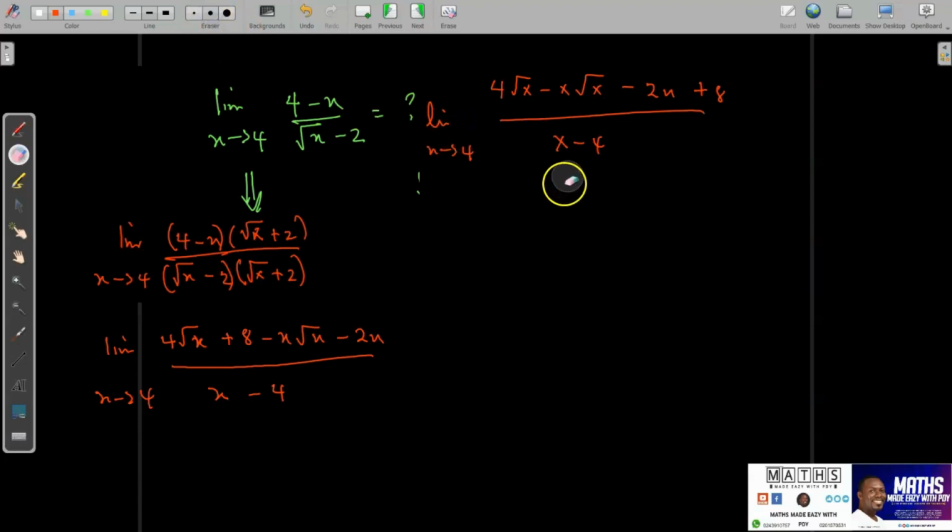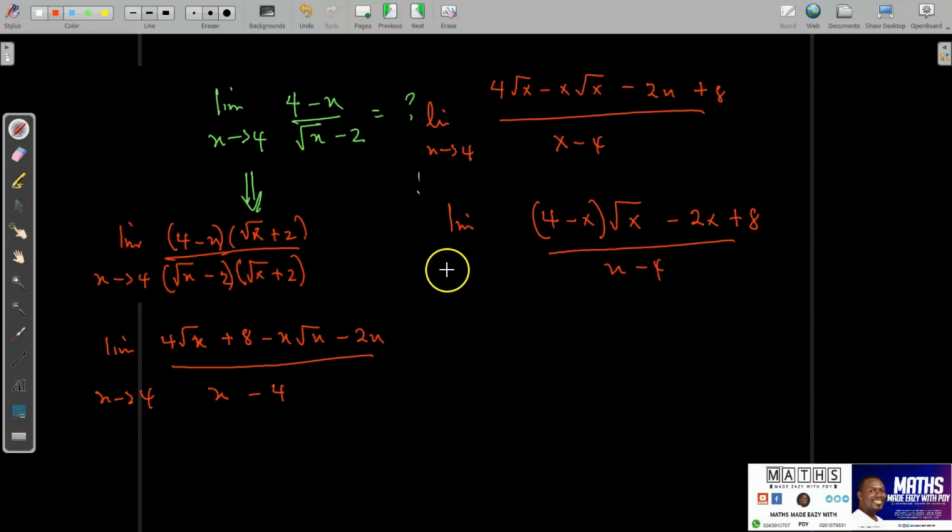Good. Now, do you know that there's a common factor here? Yes. And what's the common factor? The common factor is root x and 2. So you have it as 4 minus x out, or root x, then minus 2x plus 8, all over x minus 4.